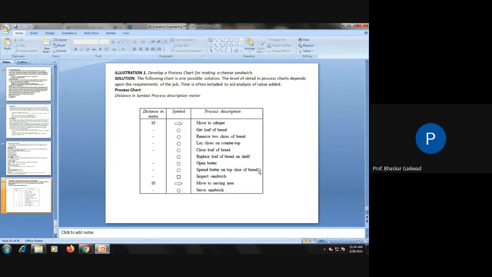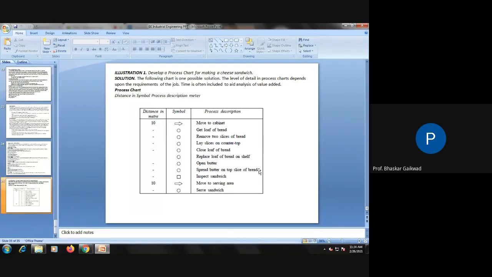If you demand it, first the man will move to the cabinet. This movement is given by the symbol, the arrow. This is transportation. Get the pieces of bread, operation.